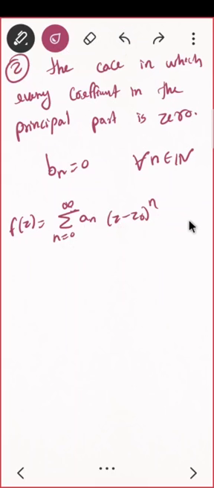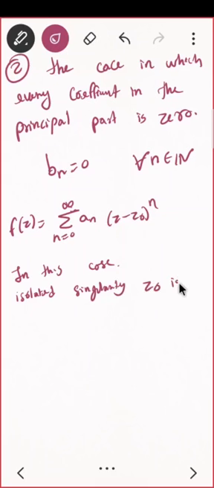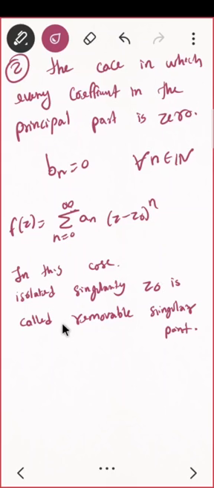If you are having no terms of b_n, then in this case z naught is called a removable singularity, or removable singular point. Correct? So that is an easy case.